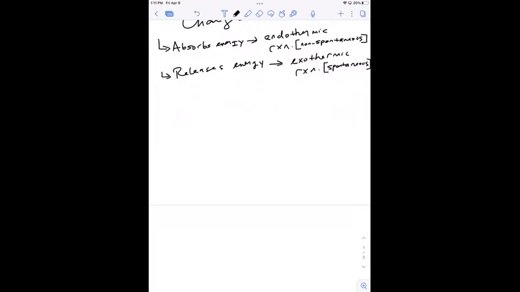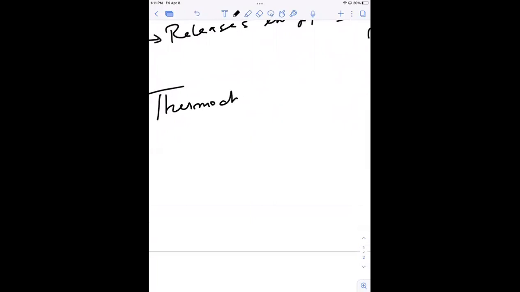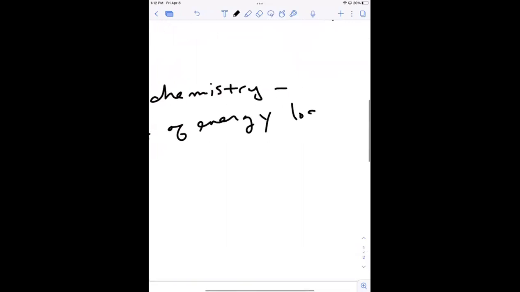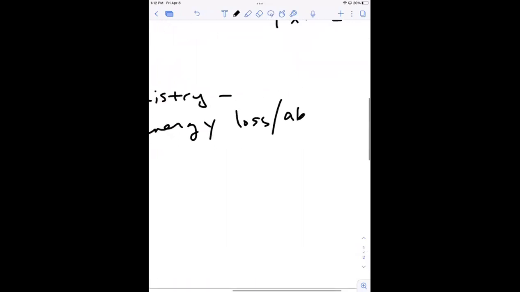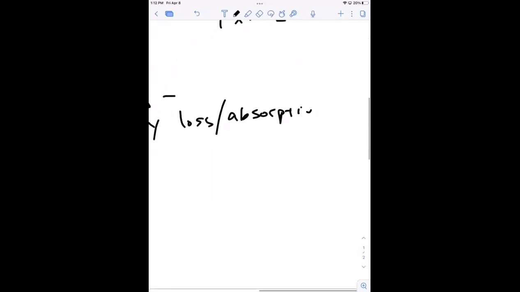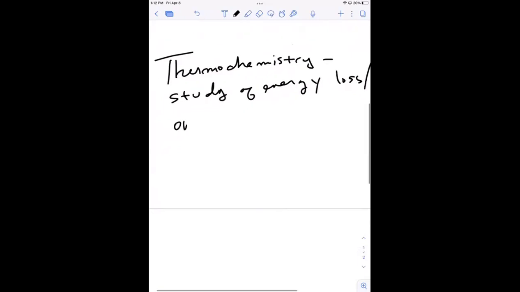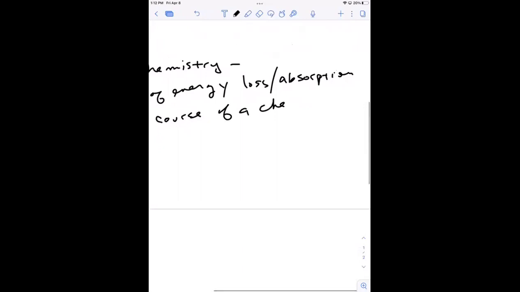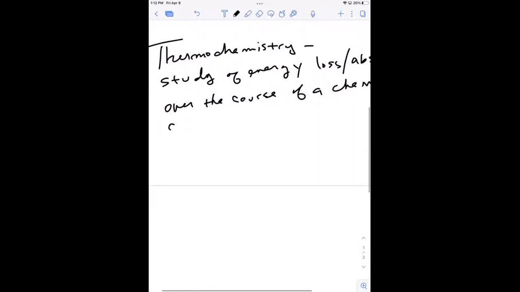When we talk about thermochemistry, that's simply the study of the amount of energy that's lost or absorbed when a chemical change happens, or even when a physical change happens. So energy loss or energy absorption over the course of a chemical change or a physical change.